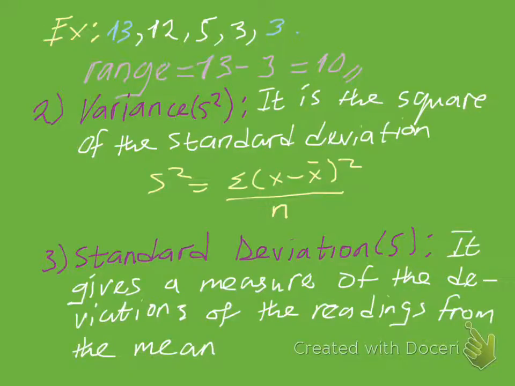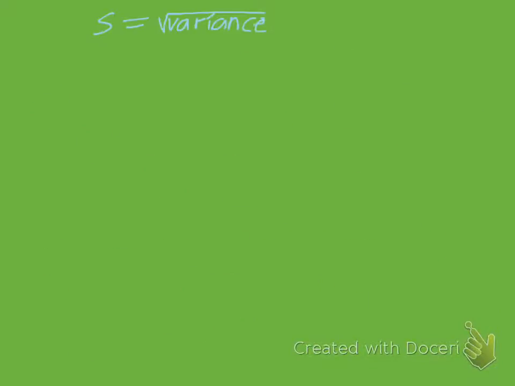It is a concept which gives a measure of how readings disperse around the mean, move away from the mean, deviate from the mean, and the square of this is the variance. So the square root of the variance, the square root of S squared, is S. That's how you get standard deviation.